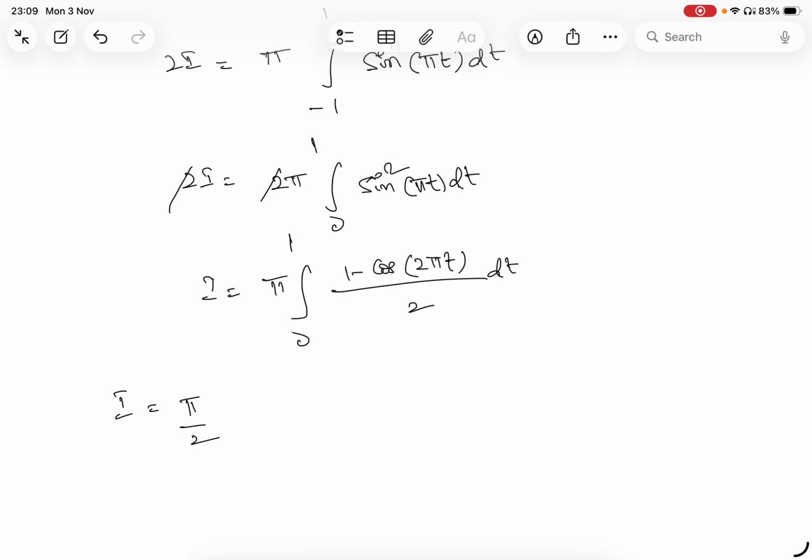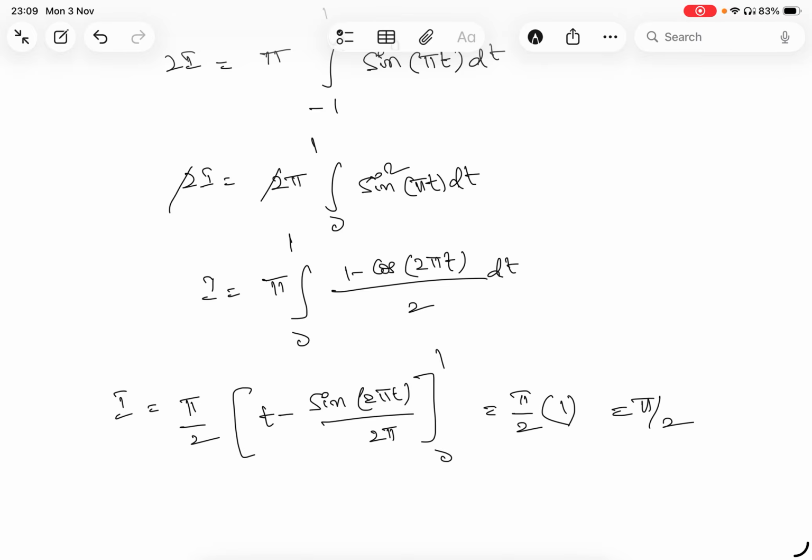Take 1 by 2 out of the integral, then this is pi by 2 times t minus sine of 2 pi t by 2 pi, and the integration limits are 0 to 1. Right? If you substitute t equal to 1, then this is 1 minus sine 2 pi, which is 0, so 1 minus 0 is 1. If you substitute t equal to 0, then this is 0 minus 0. Then you are left with pi by 2.